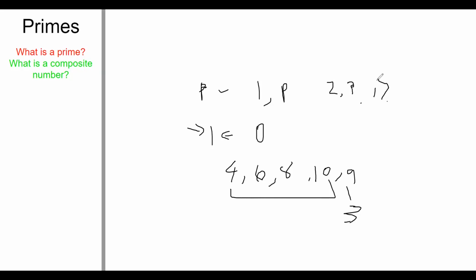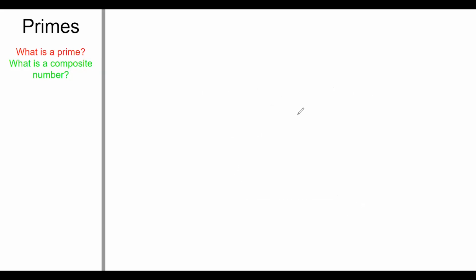Now you might be wondering, or you might already know, what's so important about these numbers? Why should we care whether a number is prime or not? The main reason that we care is that with primes, we can do something called factoring.